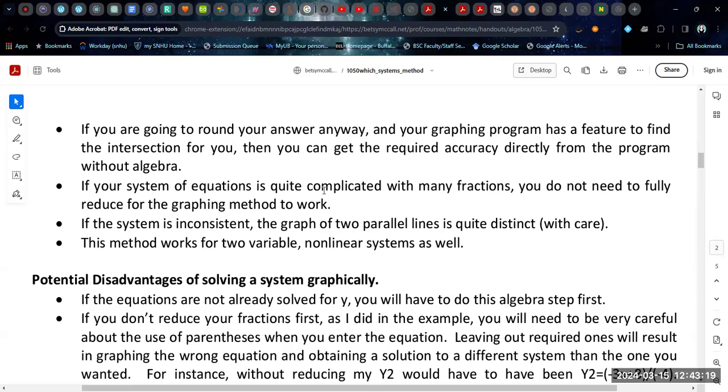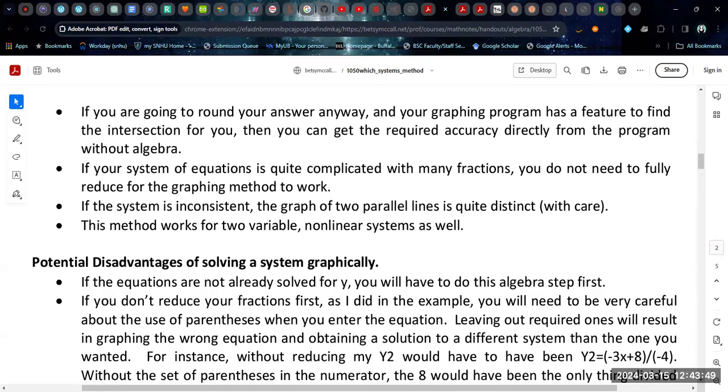If your system of equations is very complicated with a lot of fractions, you may not need to fully reduce all of the algebra manually in order to get this graphing method to work. And if the system is inconsistent, the graph of 2 parallel lines is quite distinct. This method will work not only for a 2-variable problem, but it will also work for nonlinear problems that you may encounter in other courses.